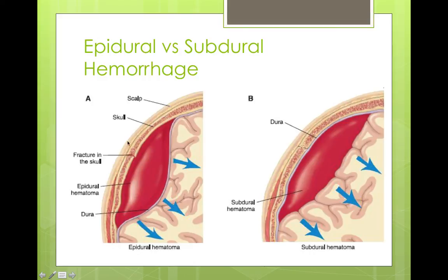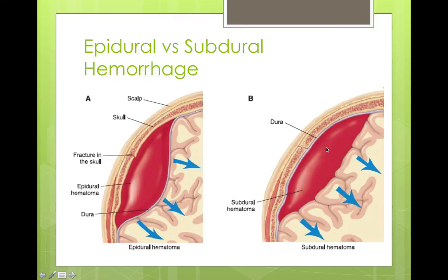And if you especially have a fracture of the bone, because the fracture is sharp, it can damage the artery. Remember, in the epidural space between the bone and the dura, you have the arteries. It damages the artery, and there's an arterial bleeding in the epidural space, sometimes called an epidural hematoma.